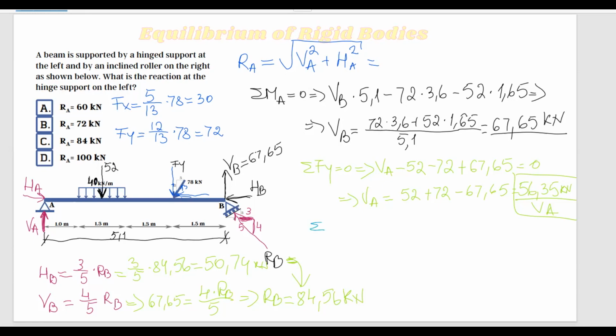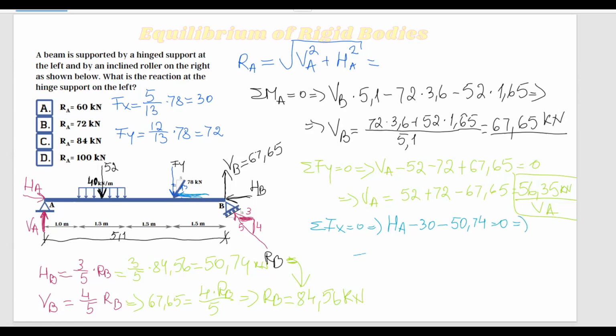If we do the sum of forces in the X direction equals 0, I'm going to have HA minus this horizontal force, Fx, which is 30, minus HB, which is 50.74, equals 0.